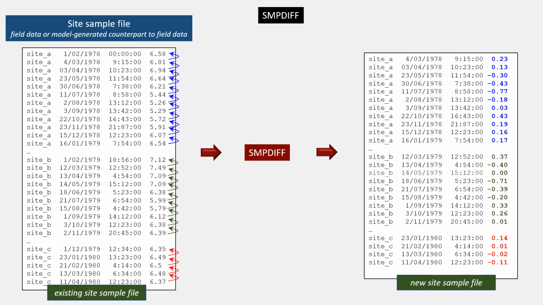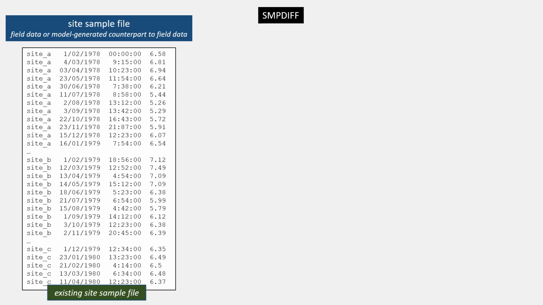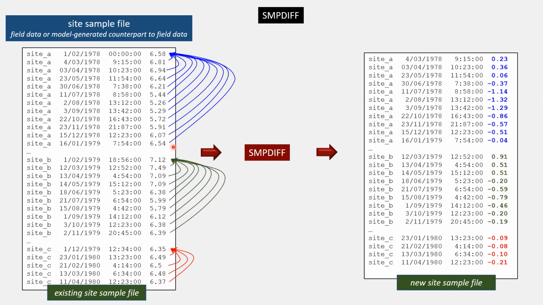And it can do things two ways. It can take differences between subsequent samples at every site, or it can take differences between each sample and the first sample for a particular site. In either case, it writes the outcomes of this differencing procedure in a new site sample file.